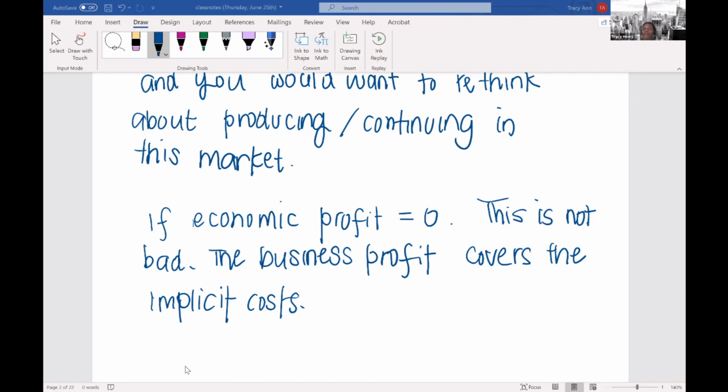But at that point, when I'm making that decision, my foregone opportunity of my resources included leaving my firm and leaving my business. Now, if there are other opportunities that were not taken into consideration as foregone opportunities, then we would have to revisit that situation. So it's not that we're completely closing the door, but that given the foregone opportunities that we are noting, this is what you're doing.